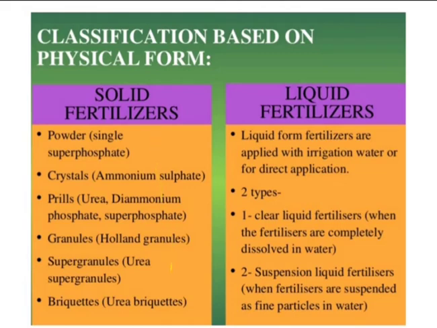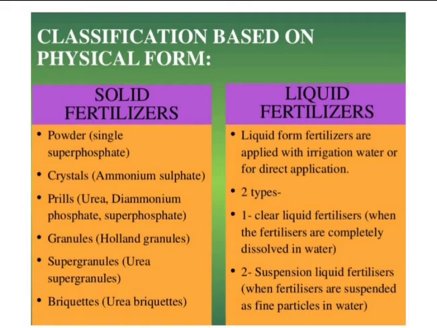And liquid fertilizers are the fertilizers which are in the form of a liquid, and they are applied with irrigation water or for direct application, and there are two types. The first one is clear liquid fertilizer, when the fertilizer gets dissolved 100% into the water, and the second type is suspension liquid fertilizer.